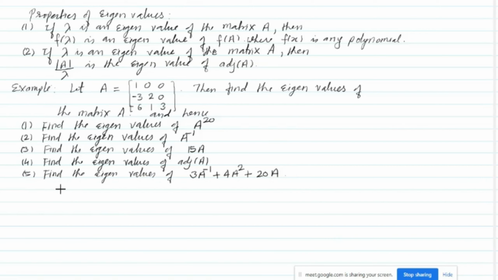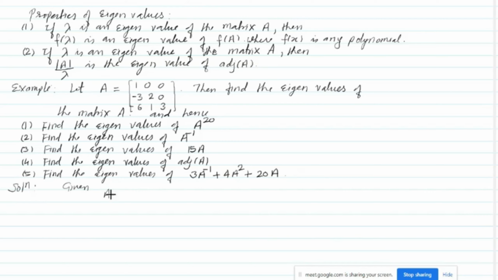So what do I have to do first? We have to determine the eigenvalues of the matrix A. Then we will find the eigenvalues of these five. Okay, solution. Let us start the solution. First of all, we write down the given matrix.